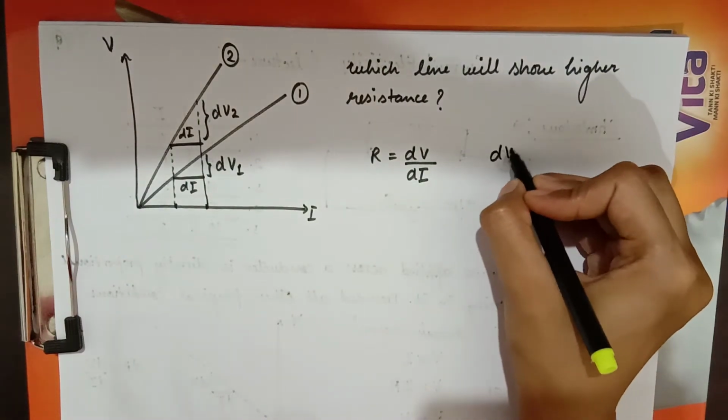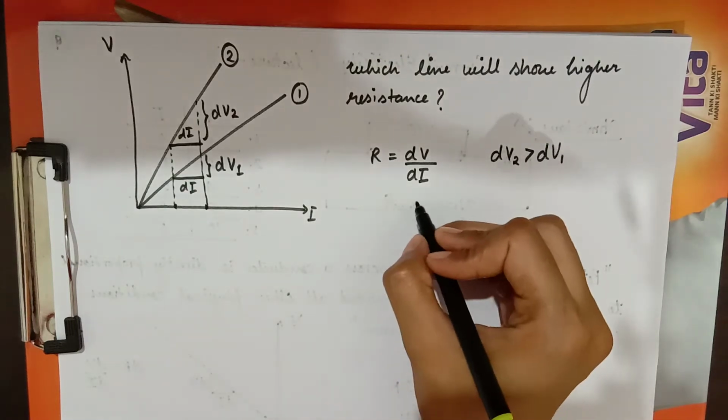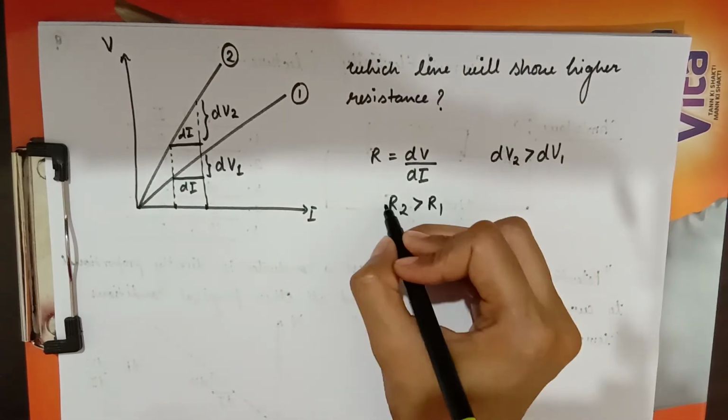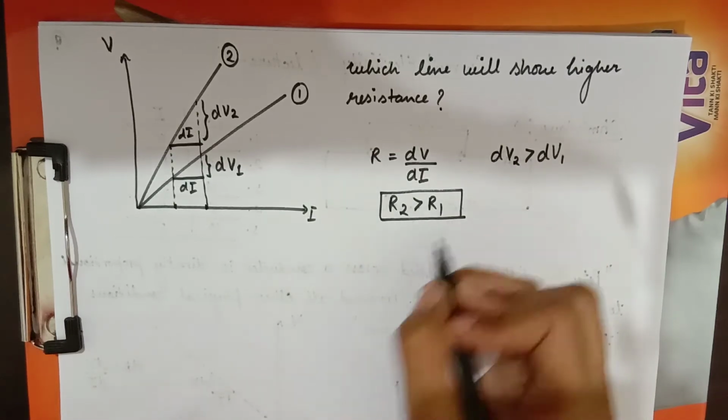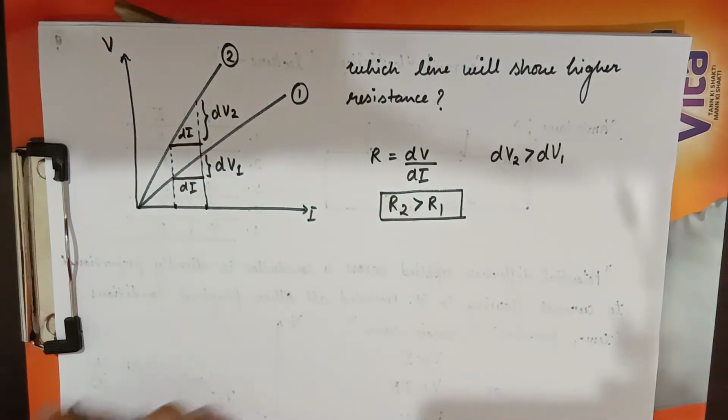So here dV2 is greater than dV1. So here we can say R2 will be greater than R1. So resistance for the second line will be greater than resistance for the first line.